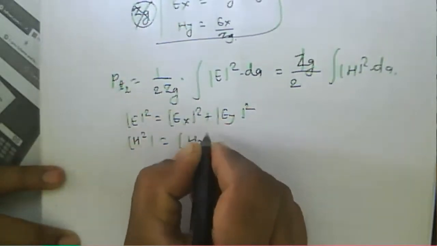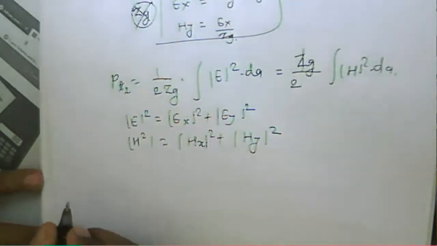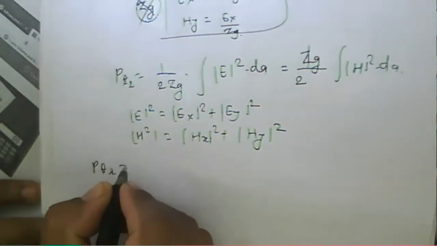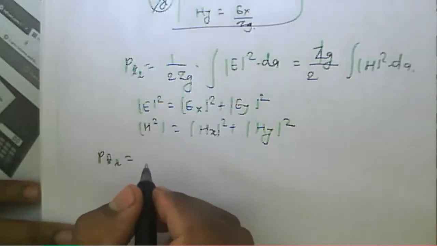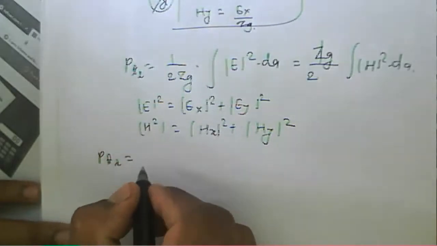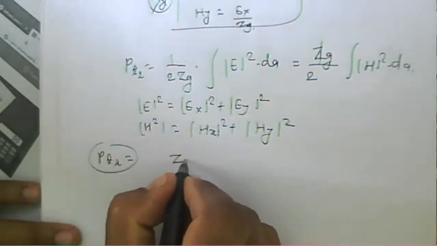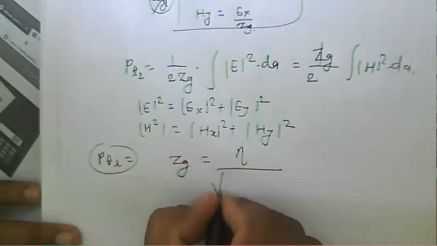Simply I'll write here, no confusion again. If I write the power transmitted in terms of Zg, we first need to write Zg in terms of the intrinsic impedance.